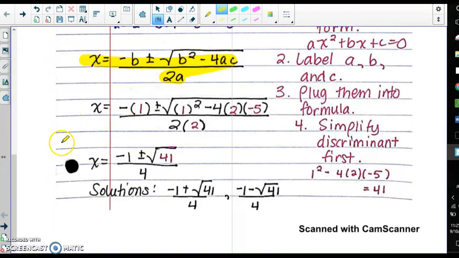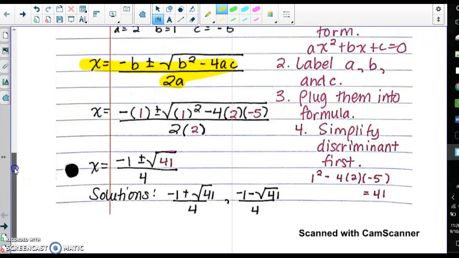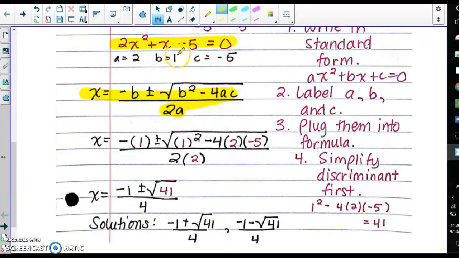I'm plugging in 1 for B, plus or minus square root 1 again for B, minus 4 times A. I'm plugging in 2 for A, and then times C. C was negative 5. And then all over 2 times A. Our A was 2. So 2 times 2.